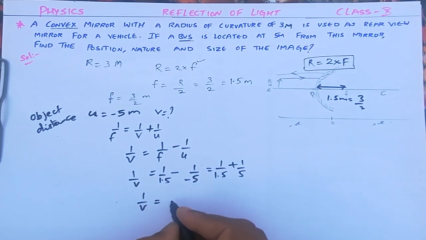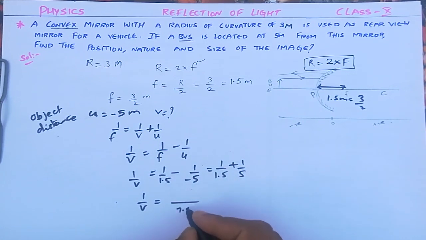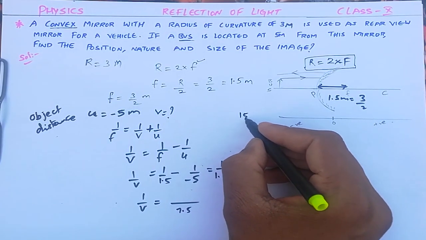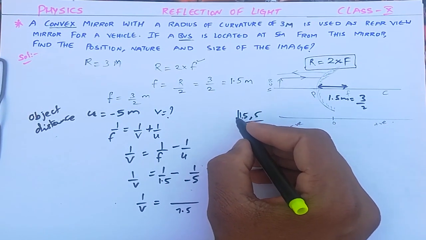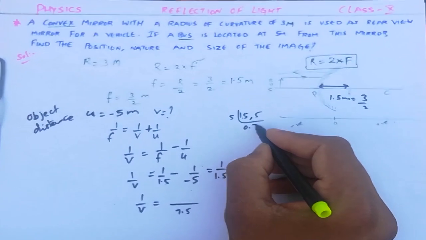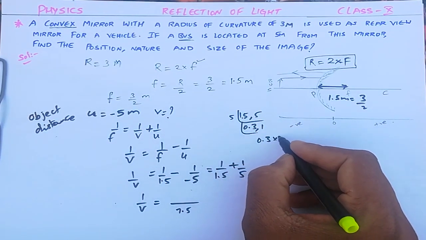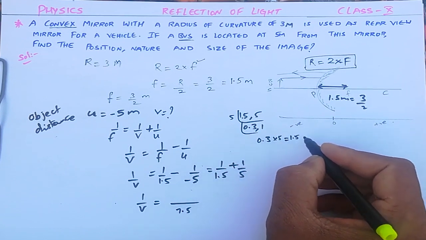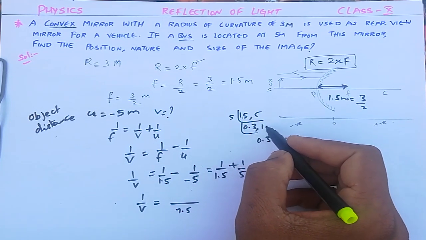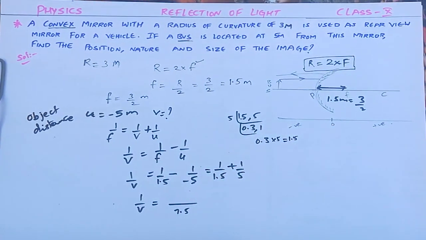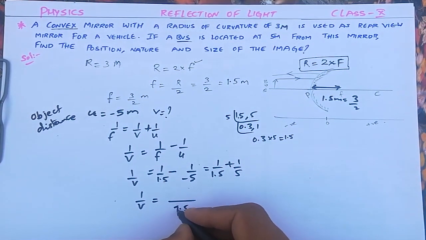So 1 by V equal to LCM for 1.5 and 5. Suppose 1.5 means 5 times 0.3, and this one is 1 times 0.3, 0.3 into 1, 0.3 into 5, this is 1.5. Okay, so the LCM is 1.5, not 7.5.